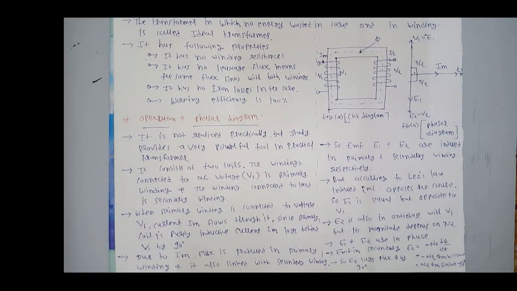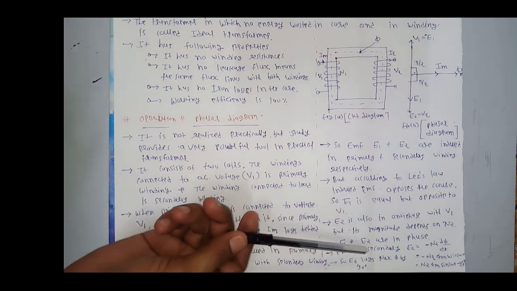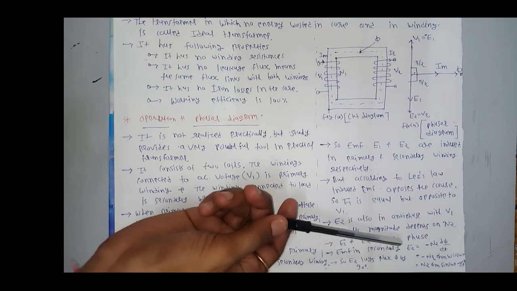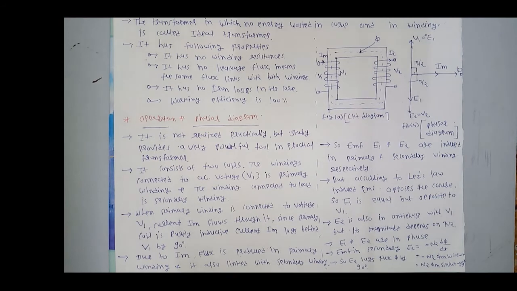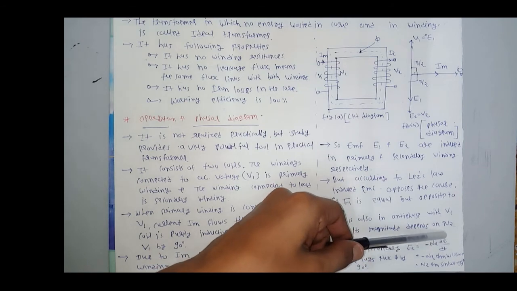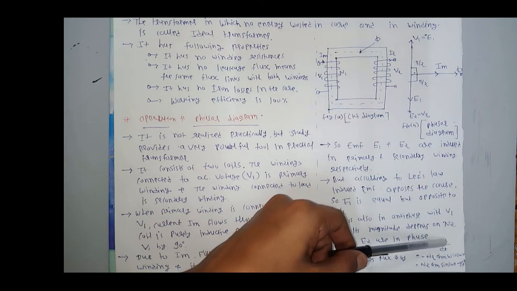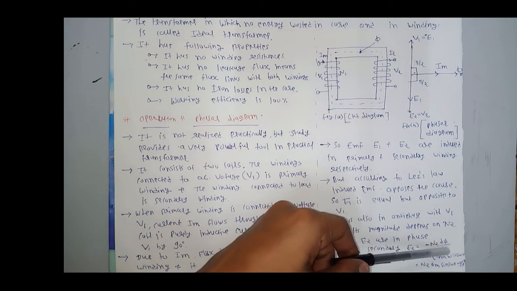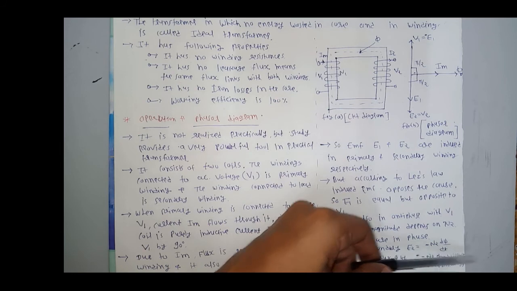Now, according to Faraday's law, the EMF in the secondary coil E2 is given by minus N2 d phi by dt. As we discussed in the previous lecture, this phi is nothing but phi m sin omega t. So I have directly written this differentiation. If we put phi equals phi m sin omega t, by differentiating phi m sin omega t with respect to t, we have minus N2 phi m omega cos omega t.